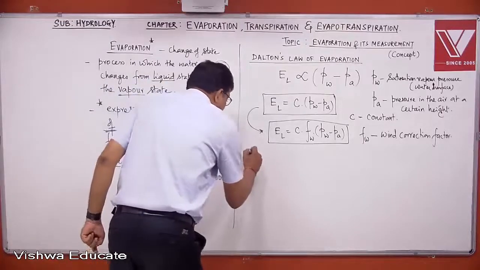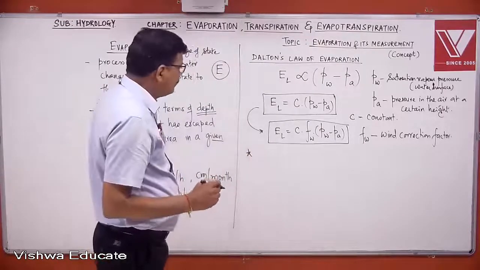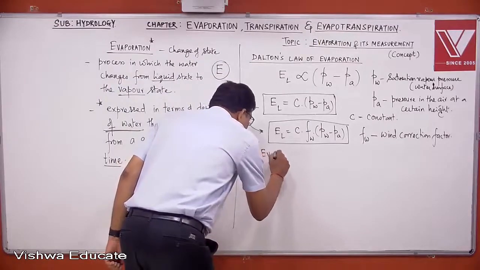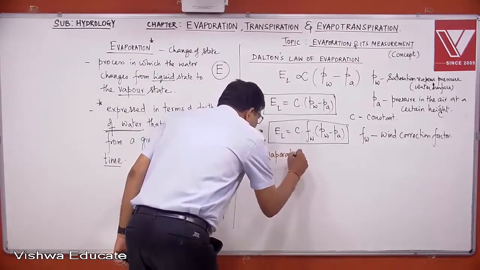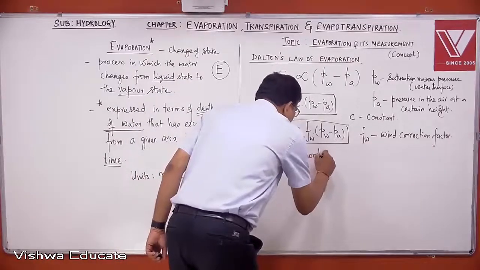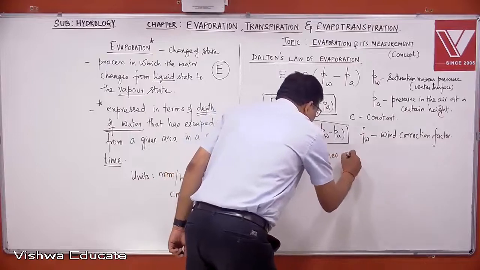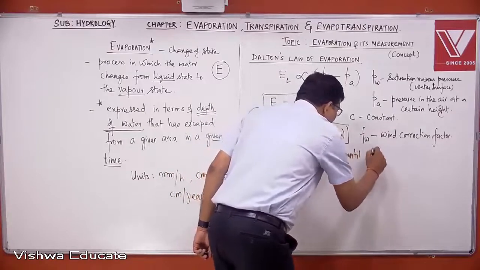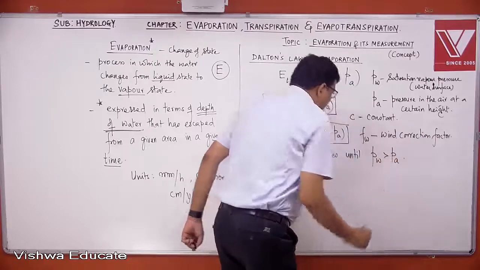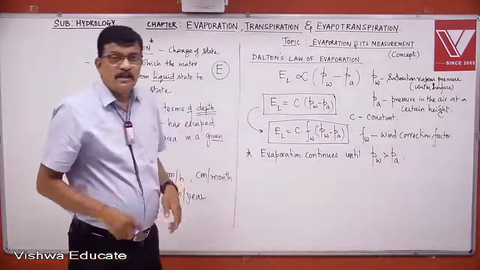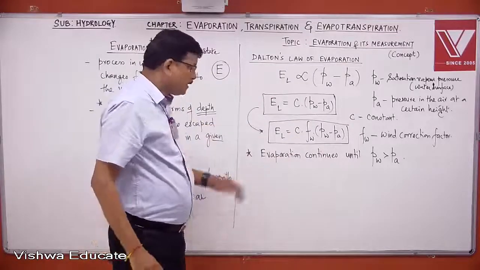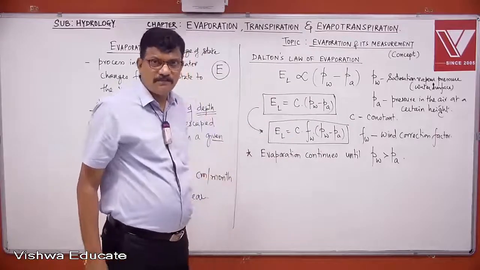You can put a star and write down: evaporation continues until Pw is greater than Pa. It's obvious, as long as the pressure difference is positive, evaporation will continue.